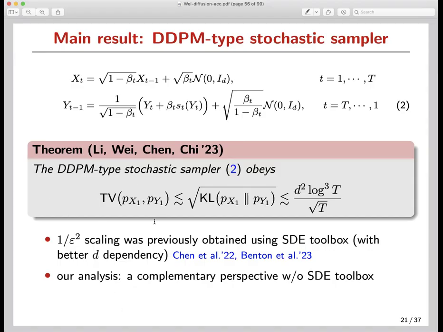This is basically established by understanding the density ratio and how the error propagates along this reverse process. So the proof is really elementary. I could explain this proof to maybe a second-year PhD student. Okay, so that's when our analysis applies to the DDPM-type stochastic sampler.